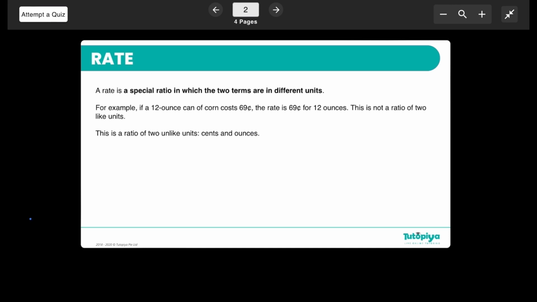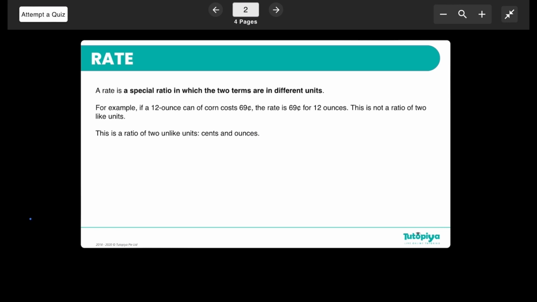We're talking about the 12-ounce can and we're talking about the price. So there are two different things: cents and ounces, two different units. So a ratio is between the same type of units, and a rate is the special type which is between two types of units.